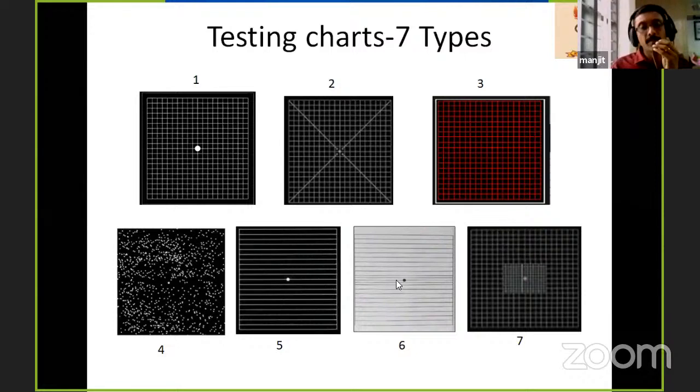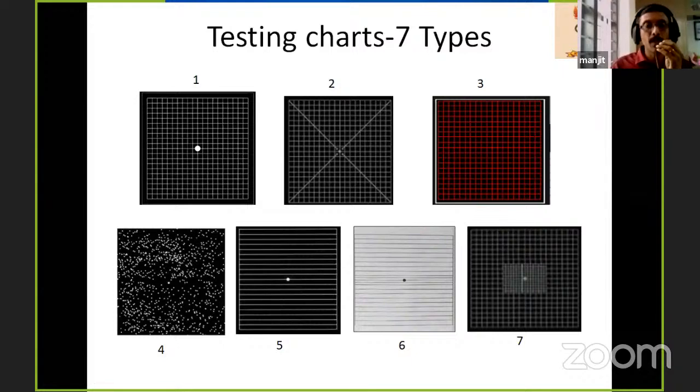The fifth and sixth are especially used in patients who complain of metamorphopsia while reading. The fifth has only horizontal lines, and the sixth has a white background with black lines, where towards the center the lines are more closely arranged. The seventh one, in addition to the first grid, has a densely packed line grid in the center, and each smaller square subtends an angle of half a degree.